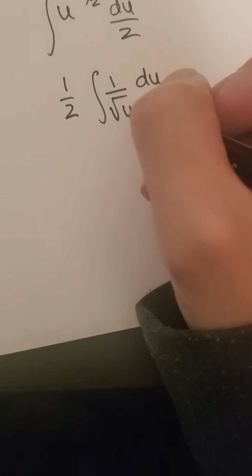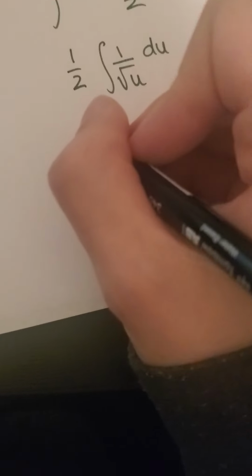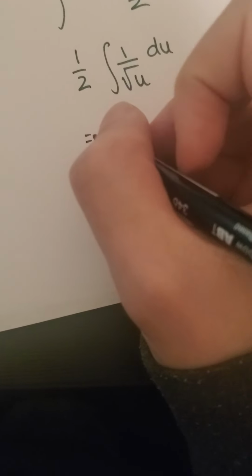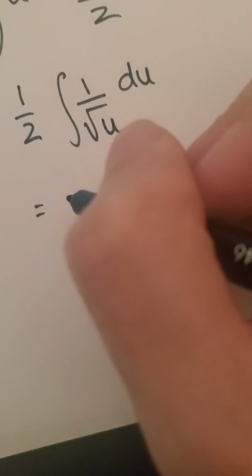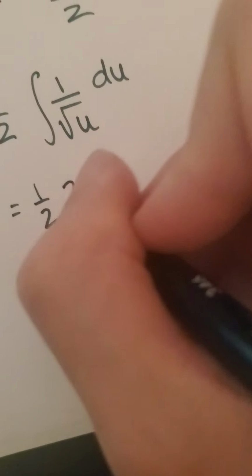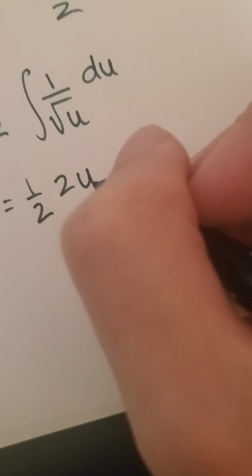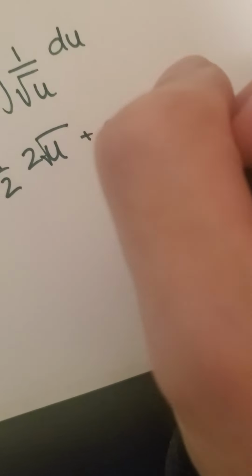And the integral of that is, so now what we're gonna get is 1/2 times 2 u to the square root, plus c.